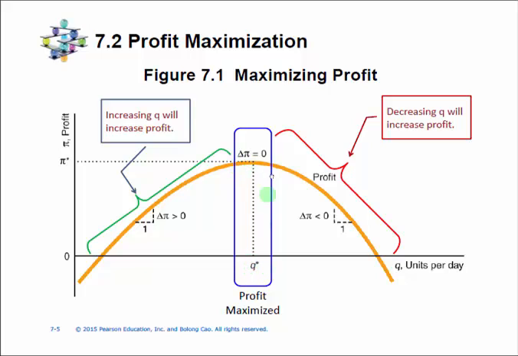Now, beyond Q star, beyond where the marginal profit is 0, or say where marginal revenue equals marginal cost, we have declining total profit because the marginal profit is negative, right?